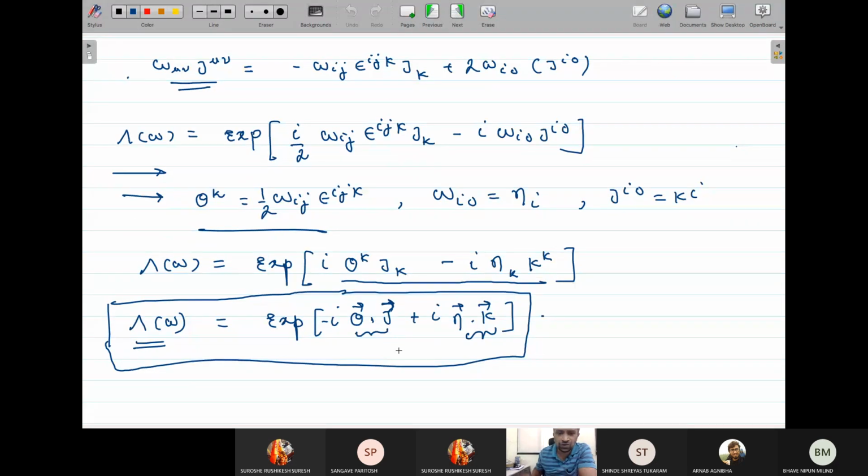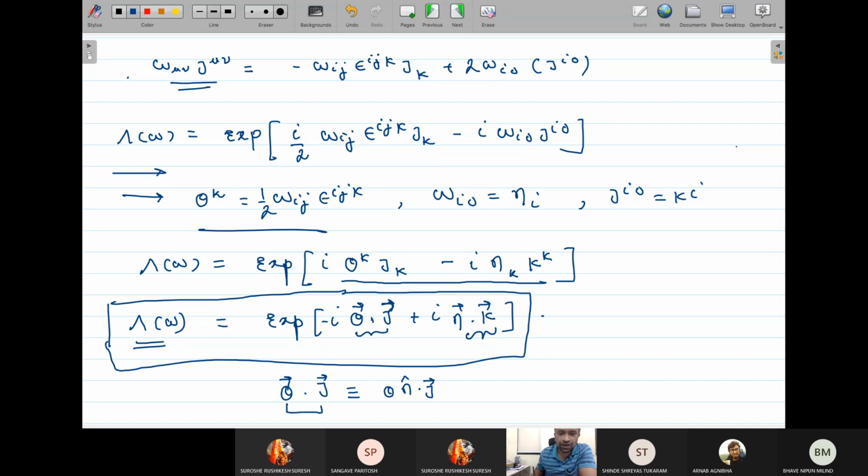Here θ·J means θ n̂·J, where n̂ is the direction in space and θ is the angle through which you are rotating about it.